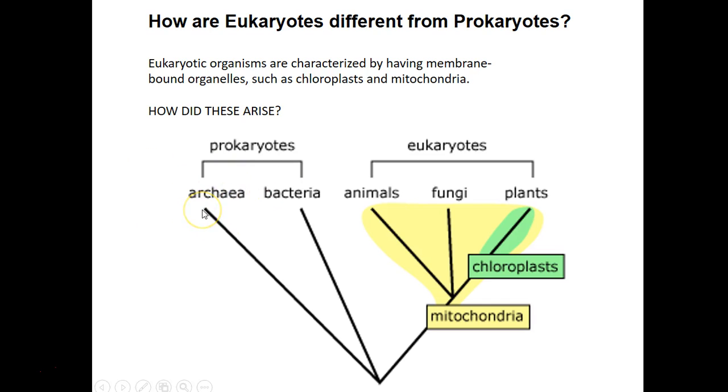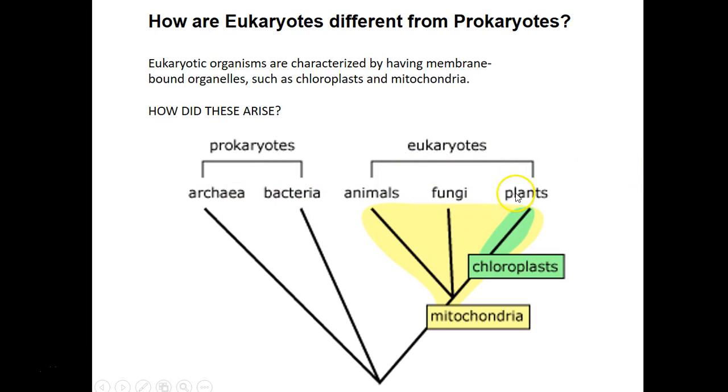Archaeans are very similar. They're single-celled, they're prokaryotic, but these are the extreme single-celled prokaryotes. They're the halophytes. They're things that live in really, really salty conditions, really hot conditions, really acidic conditions. They're the methanogens that make methane gas. So they're quite odd.